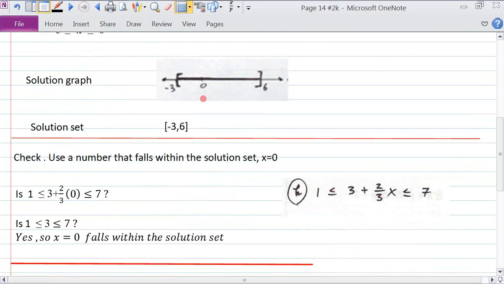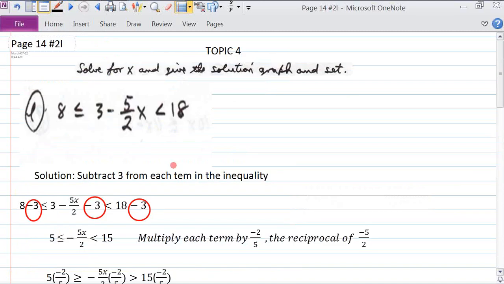We then tested it with a number that fell within the solution set, 0, and then we checked it with a number that didn't fall within the solution set. Using x equals 0, we found that the inequality was still true. Using minus 4, we found that the inequality did not hold.